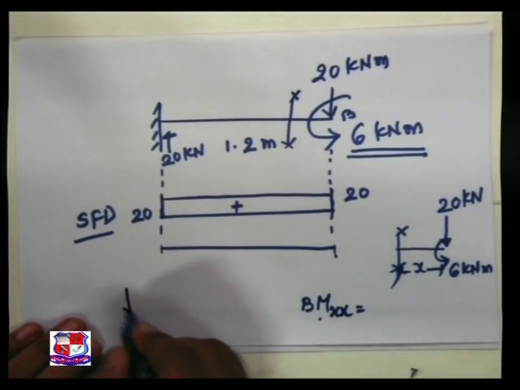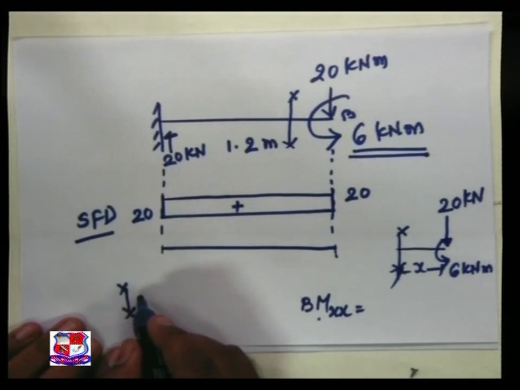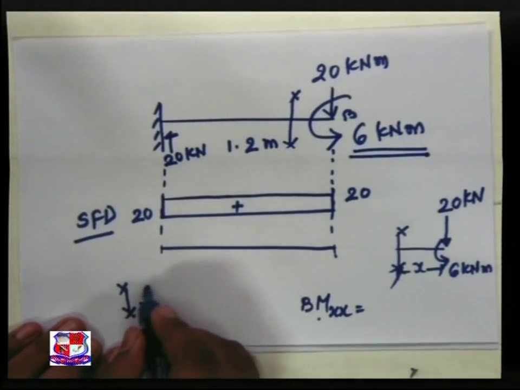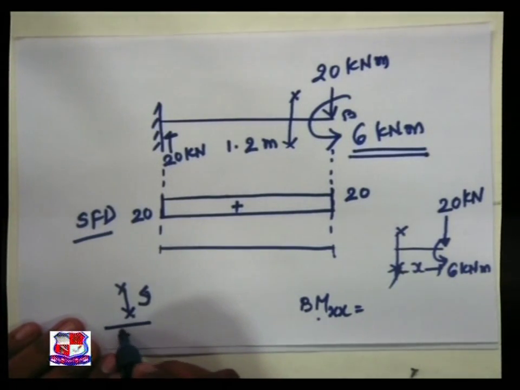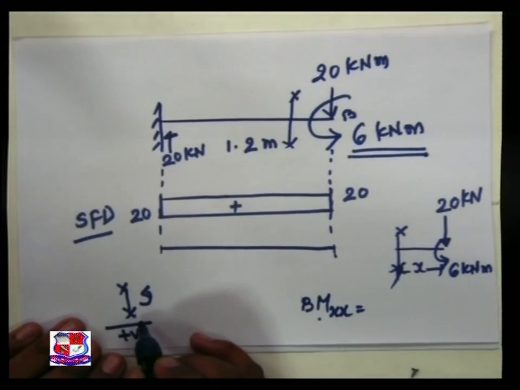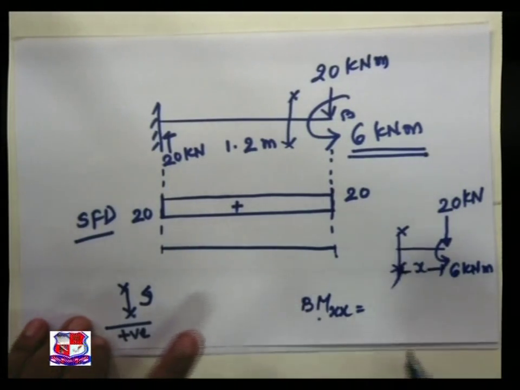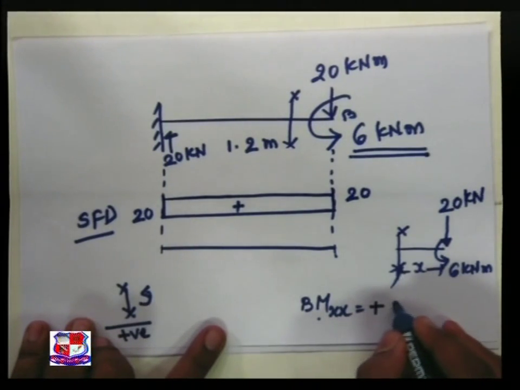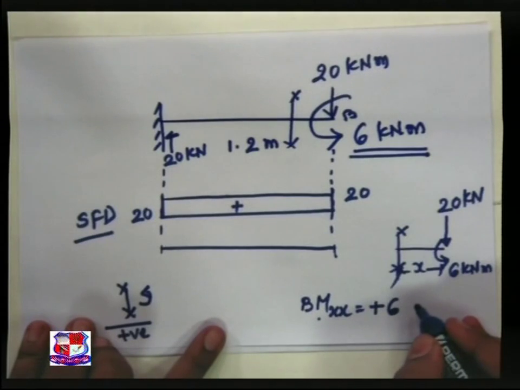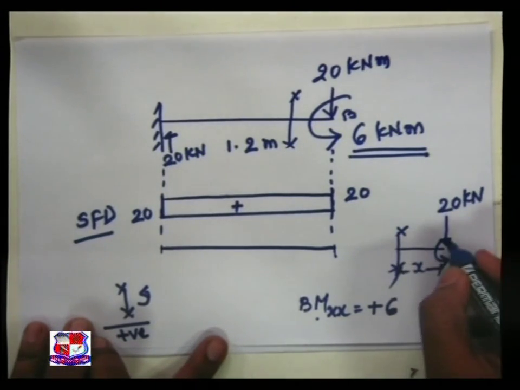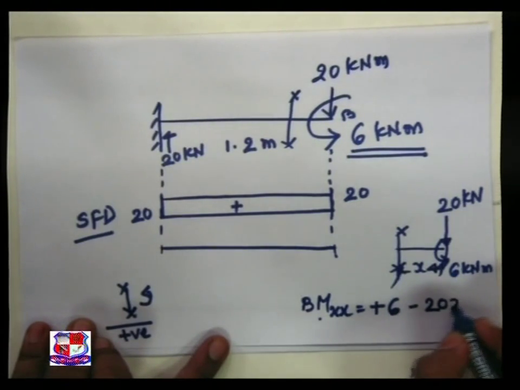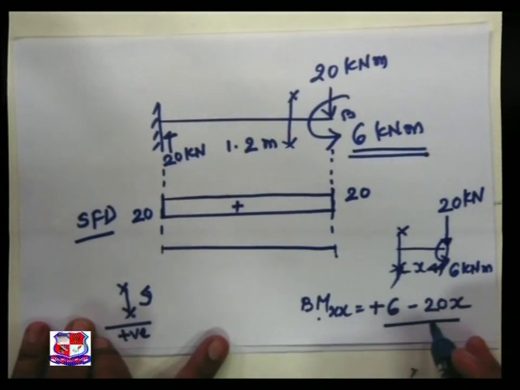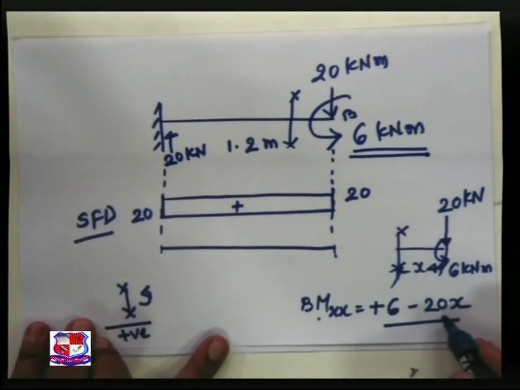See the sign convention: section right anticlockwise is nothing but our positive sign convention, that is, the sagging moment. So plus 6. The load creates section right clockwise, minus 20 into x. See this equation at section XX.